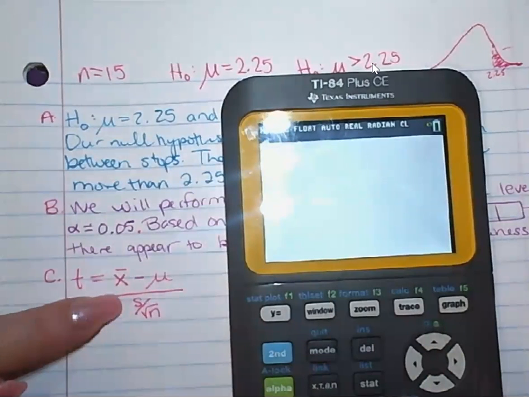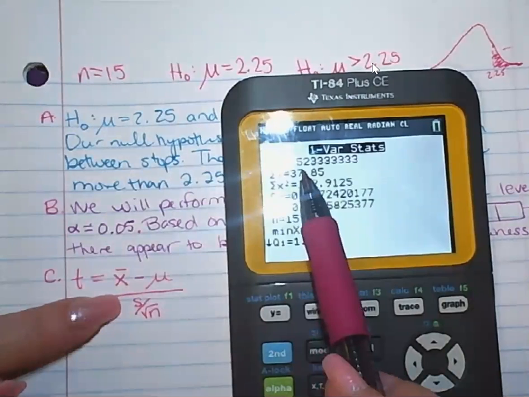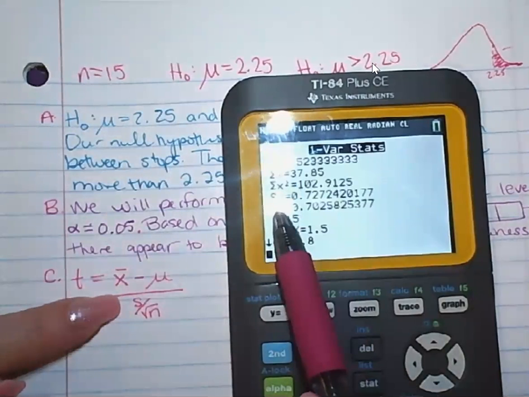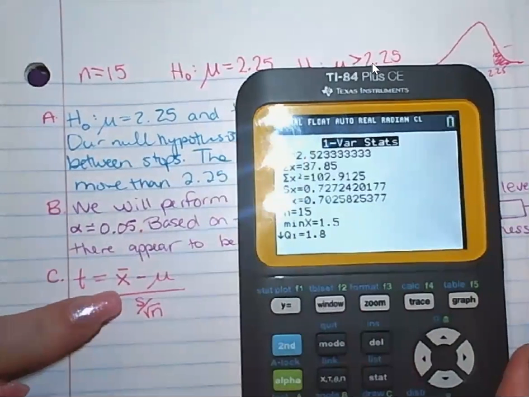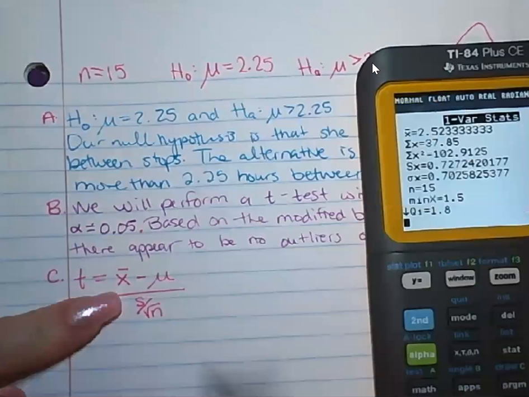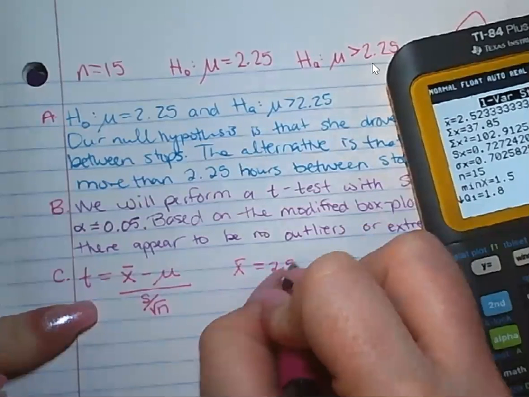And there it is. X bar is about 2.52. And S sub x is about 0.73. Okay, I'm going to leave probably 4 decimal places there, though. So x bar is 2.5233.